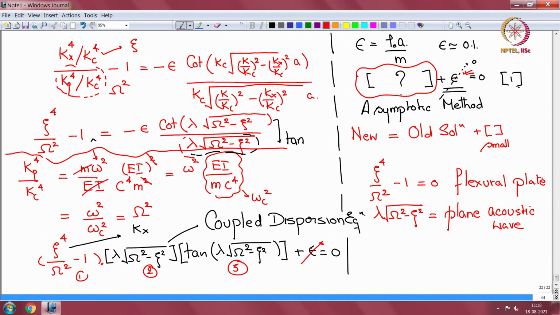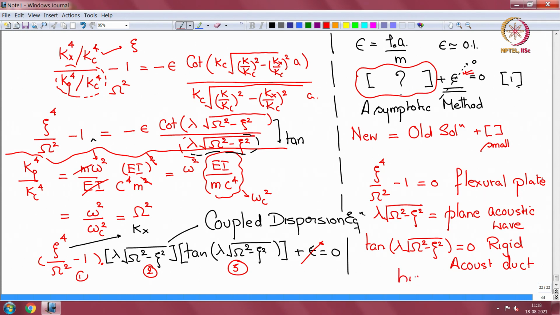And then lastly the tan of lambda square root of omega square minus xi square equal to 0. This is the rigid acoustic duct higher order waves.